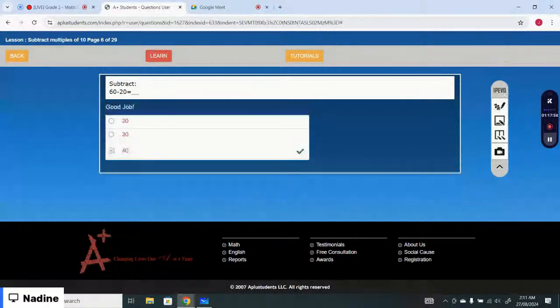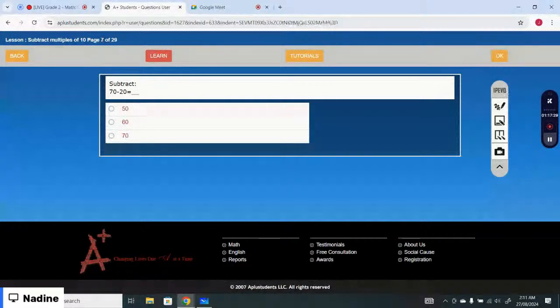The next one is 70 take away 20. So which is the correct option?